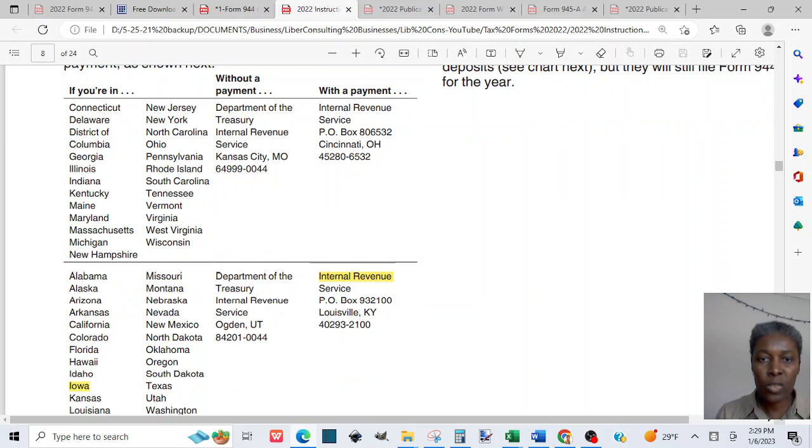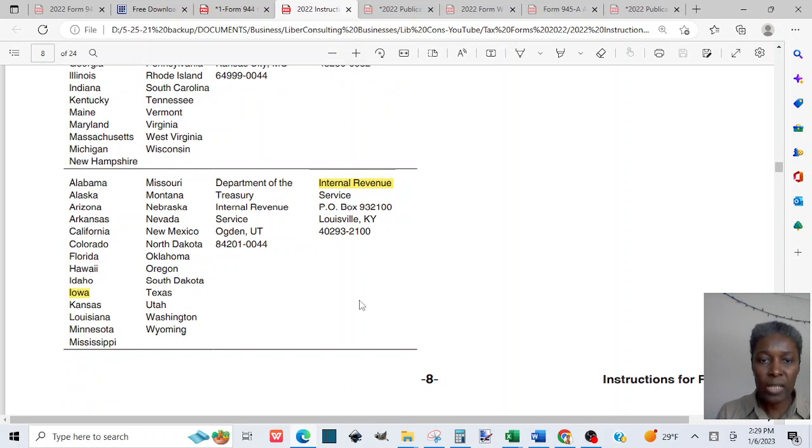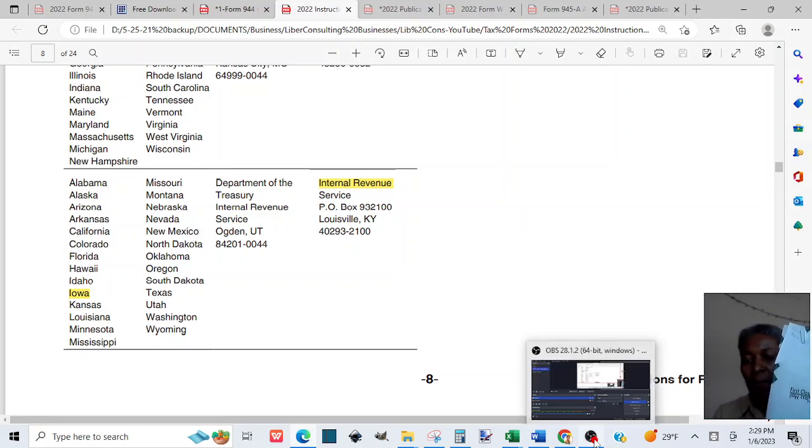So in our session, we are going to make payments. So we are looking at the payment section, and the address that corresponds to our state, Iowa, is the address we put on the envelope, and that's the address that I have on the envelope.